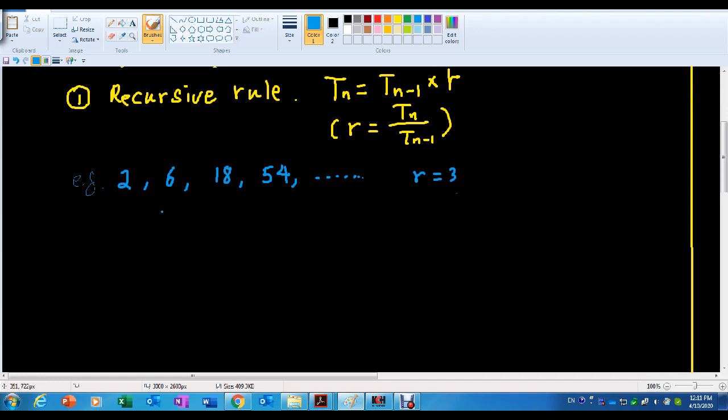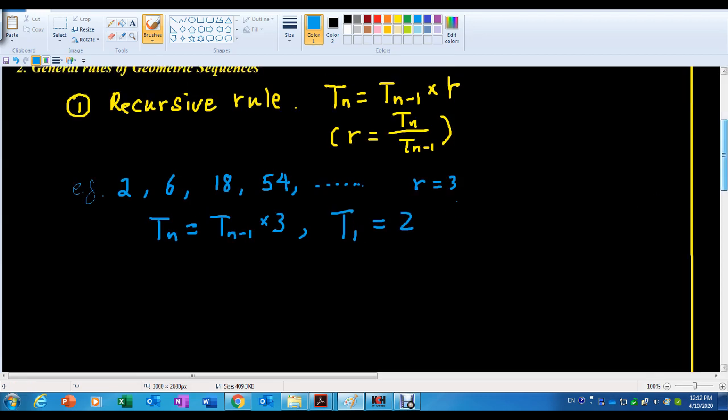We know it should be Tn equals Tn minus 1 times 3. But for a recursive rule, you need to give the rule a starting term, the first term, so you write T1 equals 2. When you want to find T2, you use T1 times 3 and get the second term, and so on. That's the recursive rule.